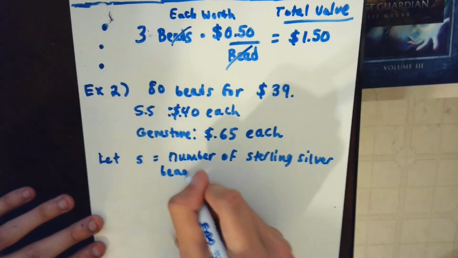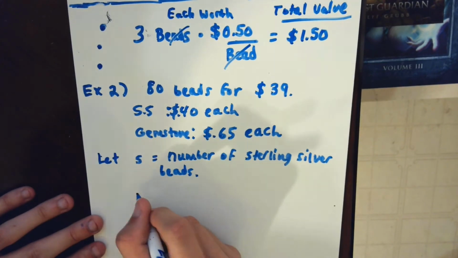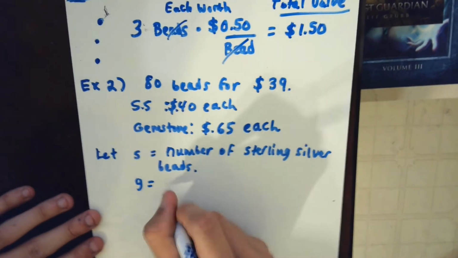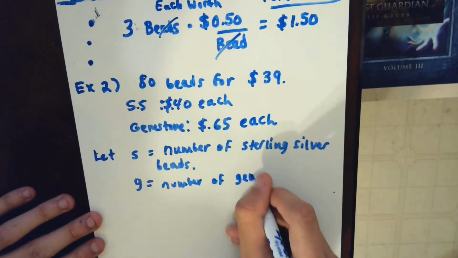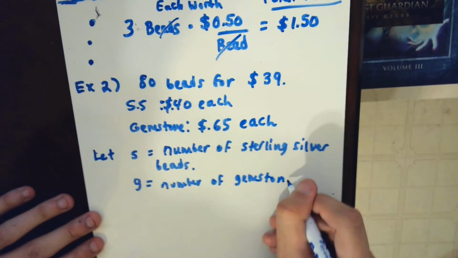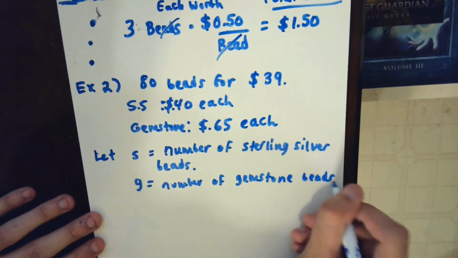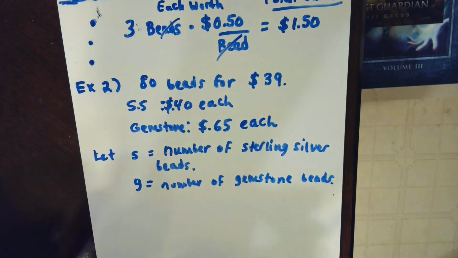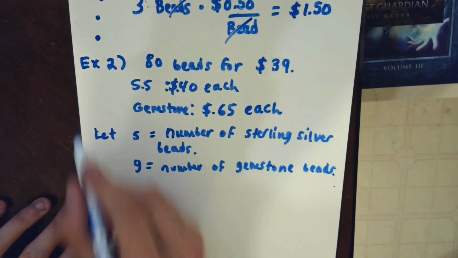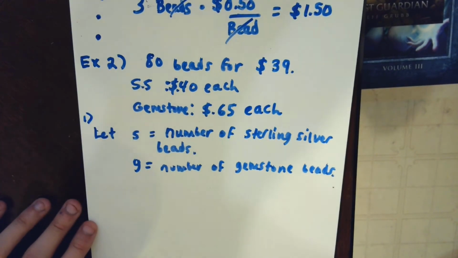I've identified that variable, and then I'm going to let G be the number of gemstone beads. All right, so we've identified S and G, and now we can write out some equations. So this is always the first step, is to identify your variables.